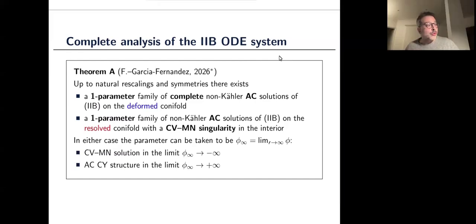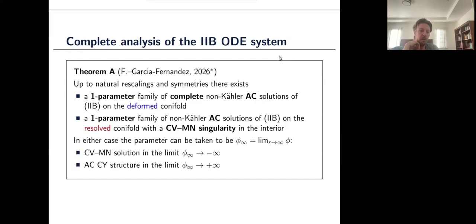No. So, for example, if you work on the deformed conifold, there's no Kähler parameter, and you want something smooth, but there's a parameter coming from the choice of complex structure, the period of the holomorphic volume form.